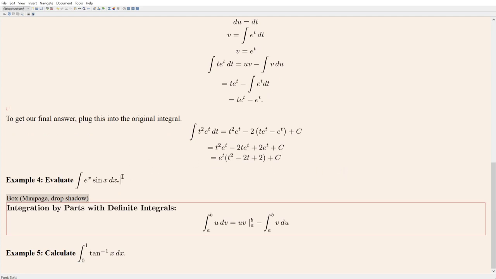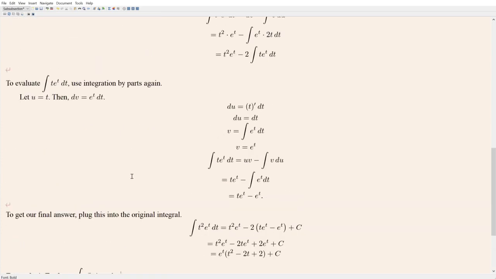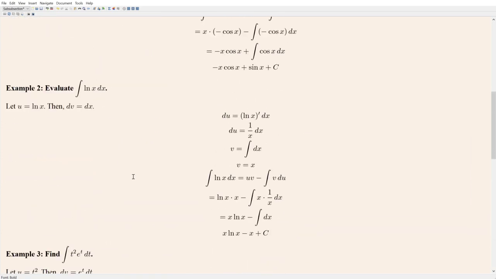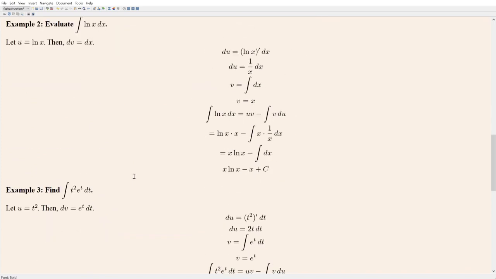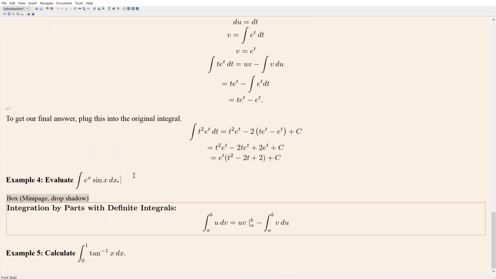All right. So far, I think these examples are pretty straightforward. Now, granted, they could be made a lot more difficult just by increasing the complexity of the derivatives and antiderivatives involved. Maybe you'll get an example where you have to use integration by parts 3 times, 4 times even.